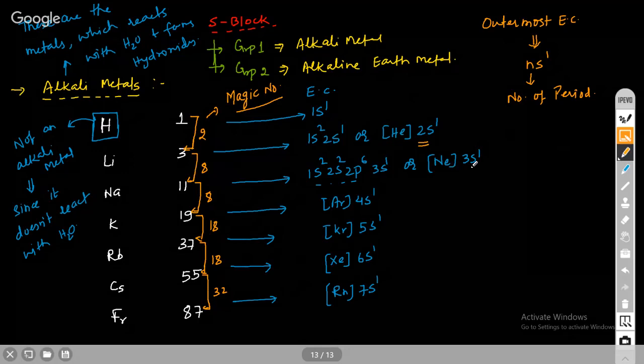Sodium present in third period, 3s1. Potassium, fourth period, 4s1, 5s1, 6s1, 7s1. So the general electronic configuration is ns1 for all these s block elements.